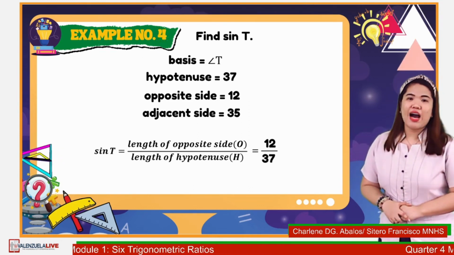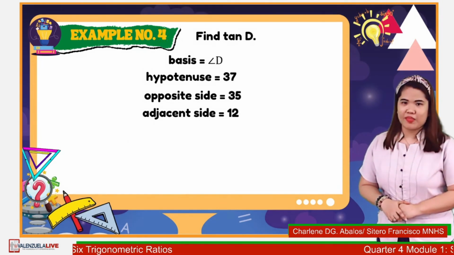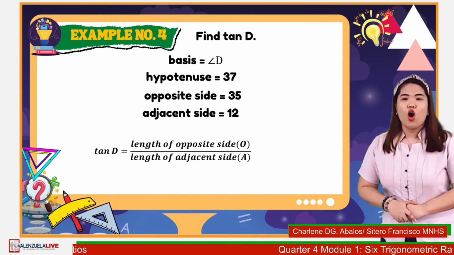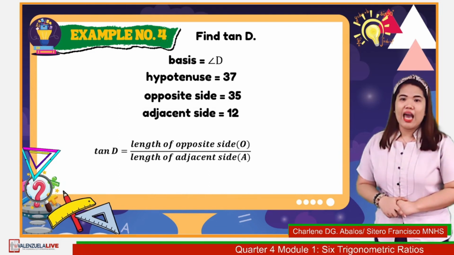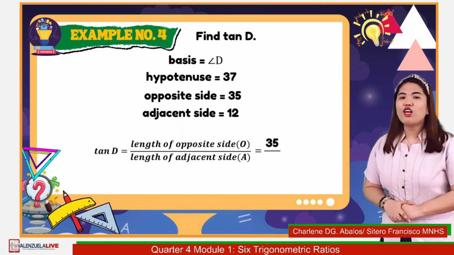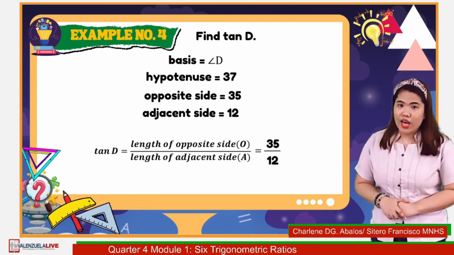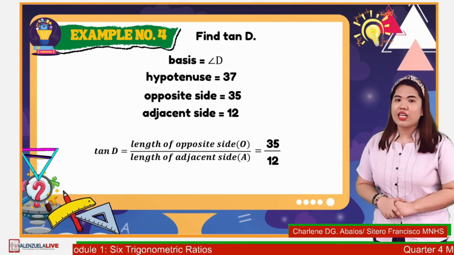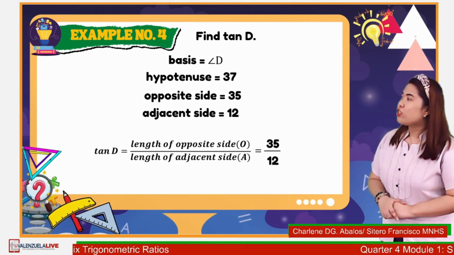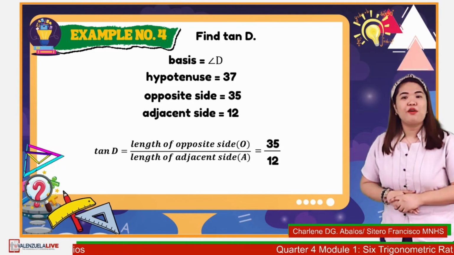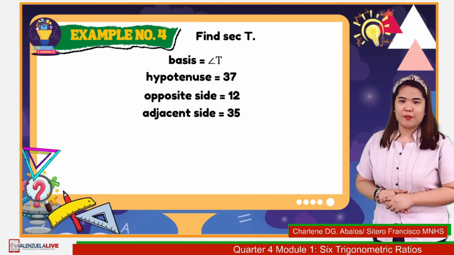Next, find tangent D. Tangent D is equal to opposite side over adjacent side. The length of the opposite side is 35 and the length of adjacent side is 12. Therefore, tangent D is equal to 35 over 12. Lastly, find secant T.